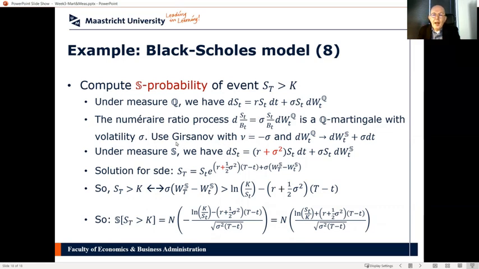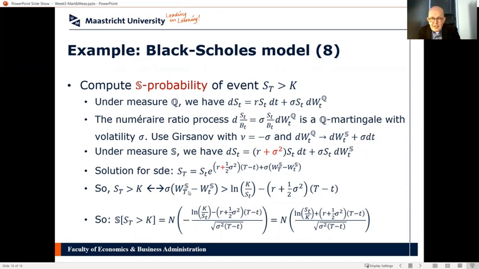So if I now apply Girsanov's theorem with this martingale process as a Radon-Nikodym derivative, I need to add sigma, and my Q Brownian motion becomes an S Brownian motion with a positive drift of sigma. Therefore, under the stock measure, the stock price itself has a drift equal to the risk-free rate plus sigma squared.